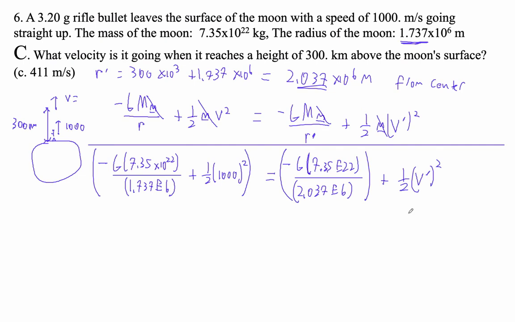So the opposite of 6.67 E minus 11 times 7.35 E22 divided by 1.737 E6, plus 0.5 times 1,000 squared. And this side, this thing here, is minus 2322366.149. Let's figure out this term right here.